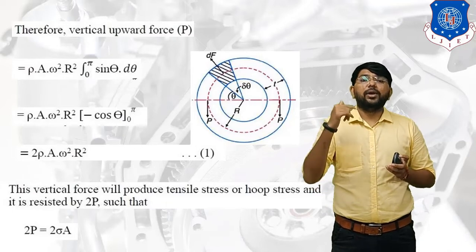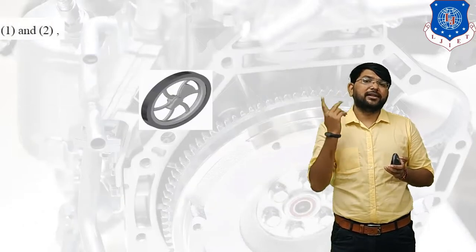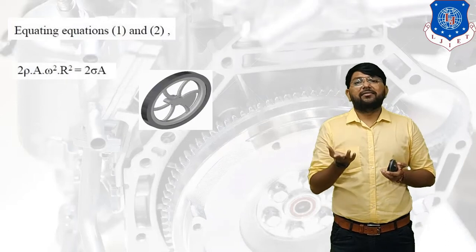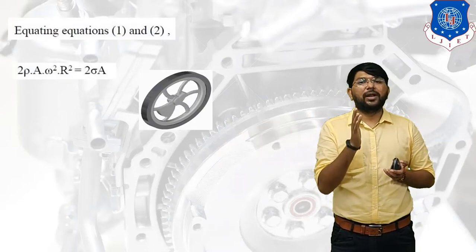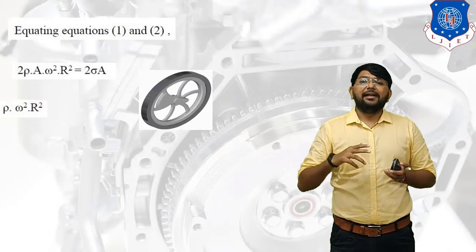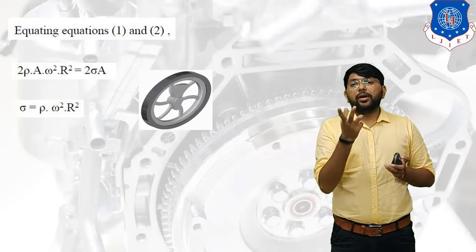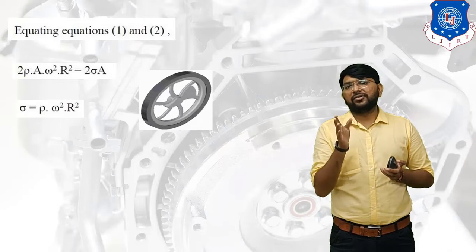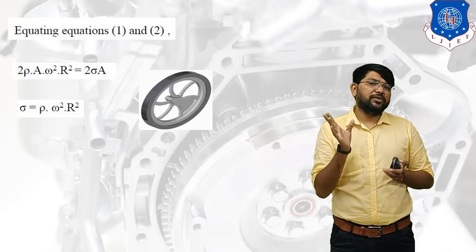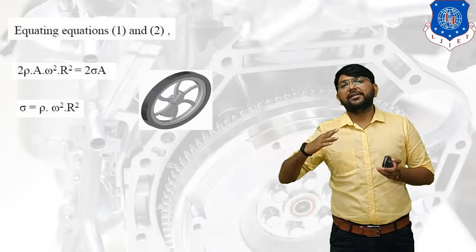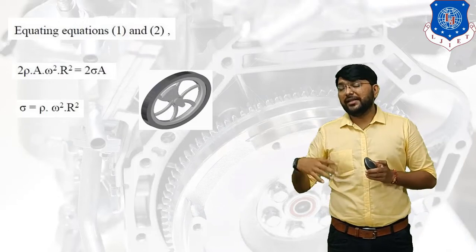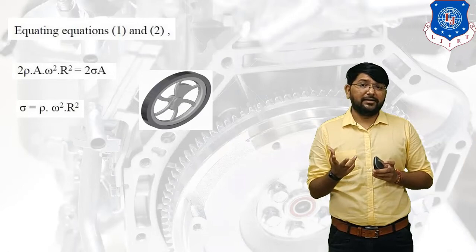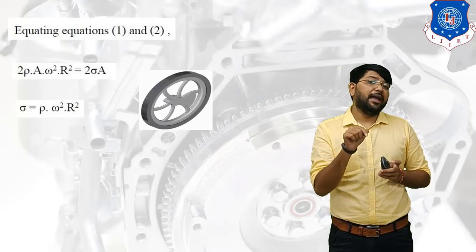Now we have to equate equation 1 and equation 2. Clear? So equation 1 is 2 times rho A omega square r square is equal to 2 times sigma A, and the 2 cancels out from both sides, and the cross sectional area also cancels out from both sides. So the equation of sigma is rho omega square r square. Clear? Now you all know the equation for linear velocity, V is equal to omega into r.